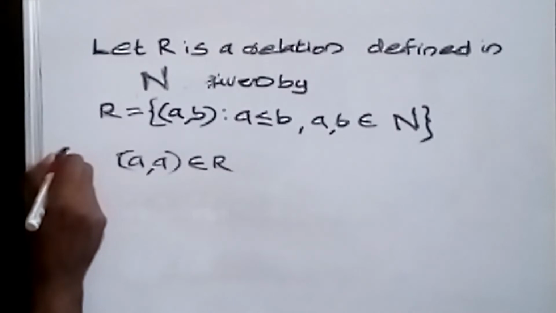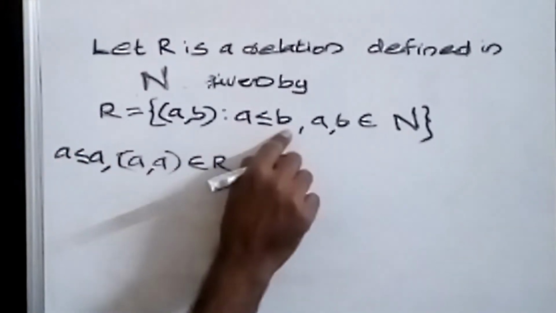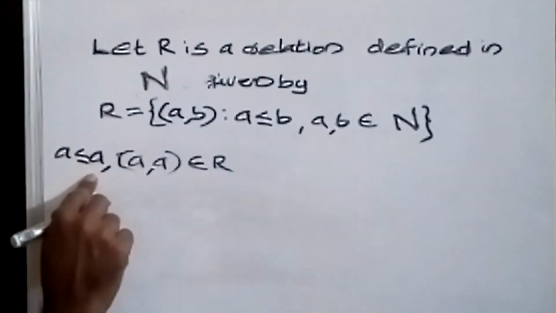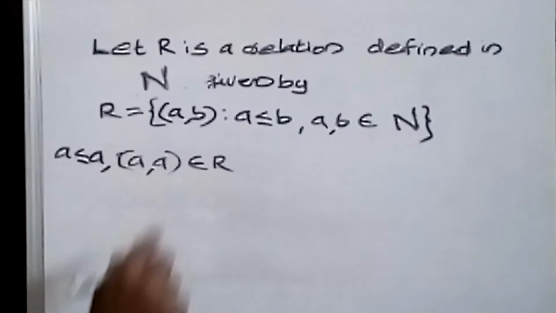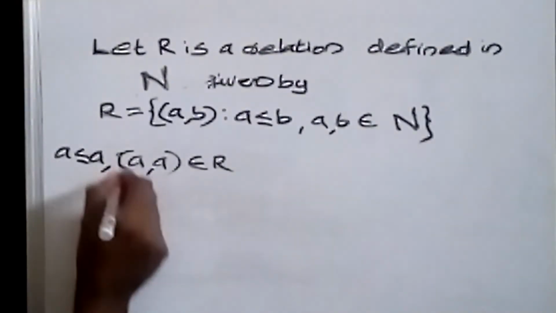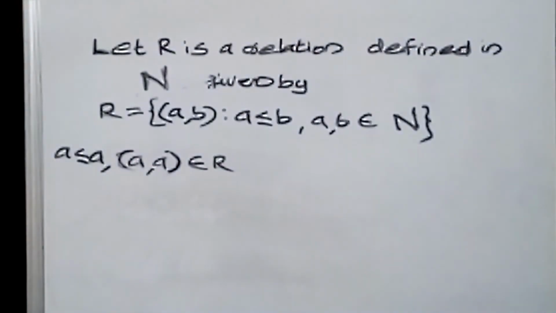Since A is less than or equal to A, the ordered pair (A, A) belongs to R. Therefore, the relation is a reflexive relation.